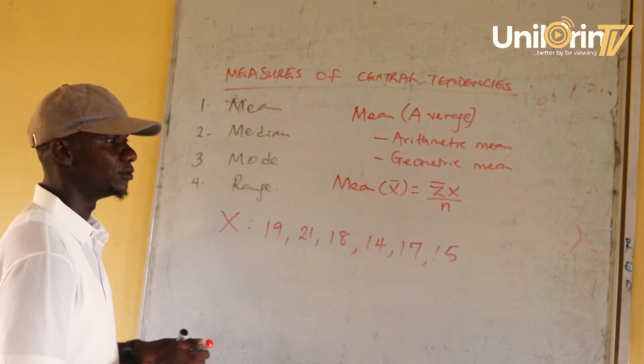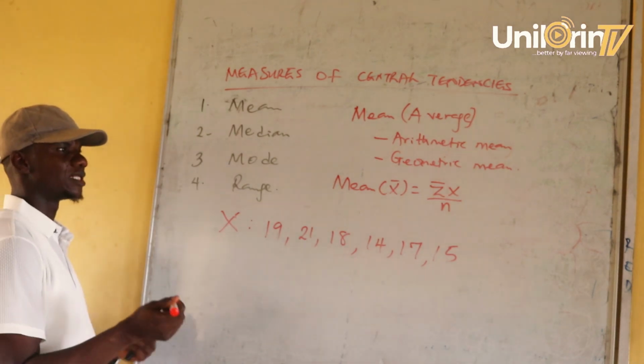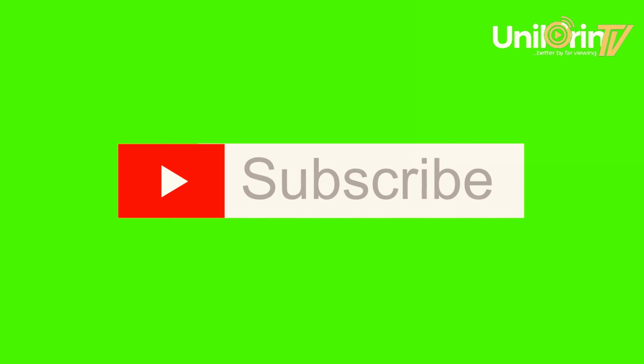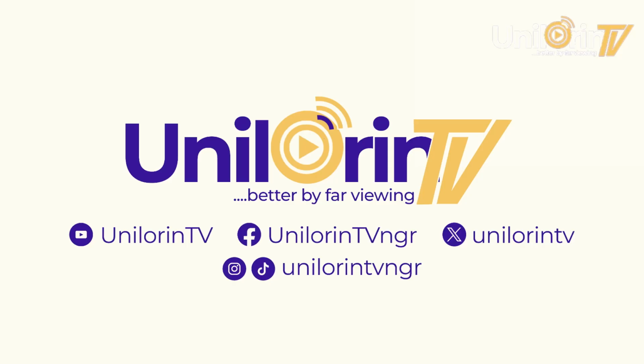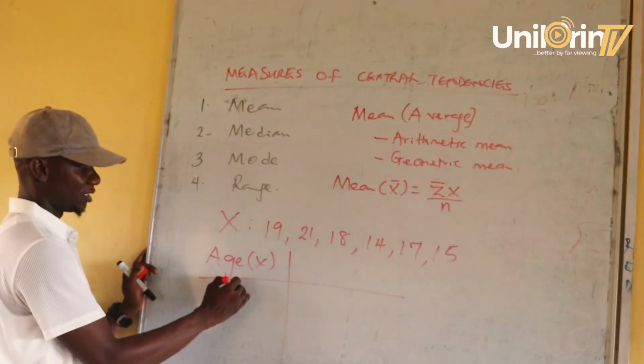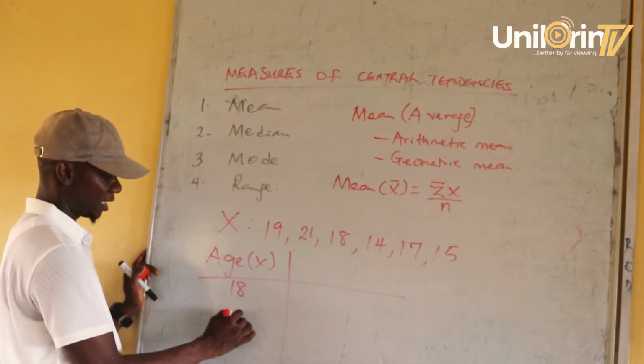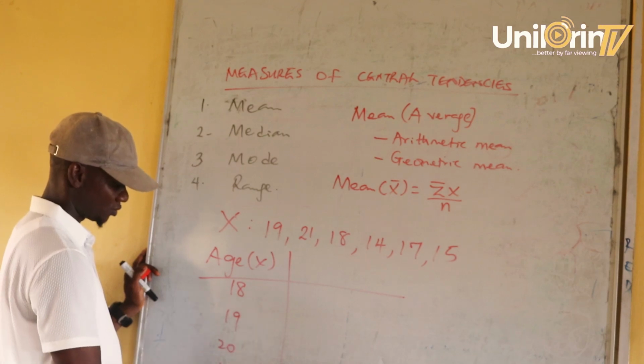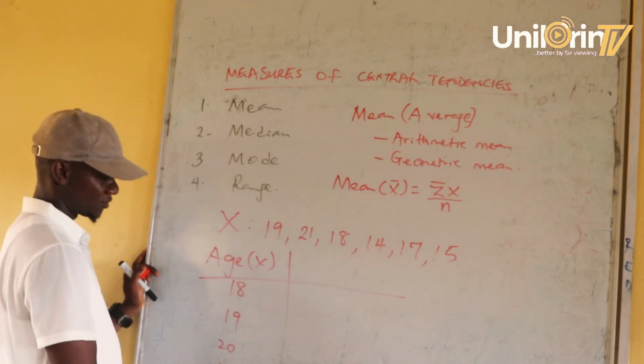Let's say, for example, how many students are in categories of ages, age x. How many students are there in this particular class? Let's say in the class we have 18, 19, 20, 21, 22. These are the ages of students.